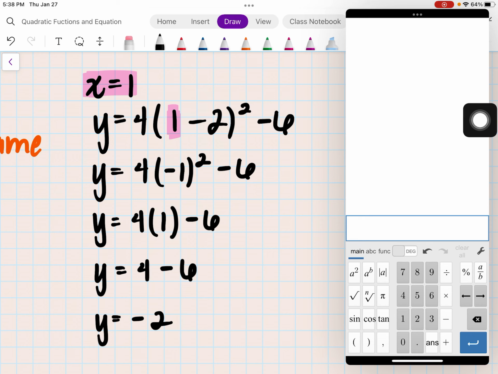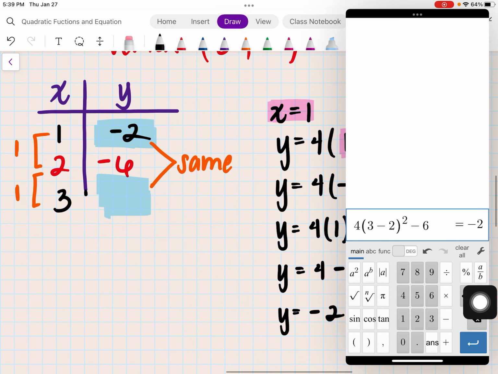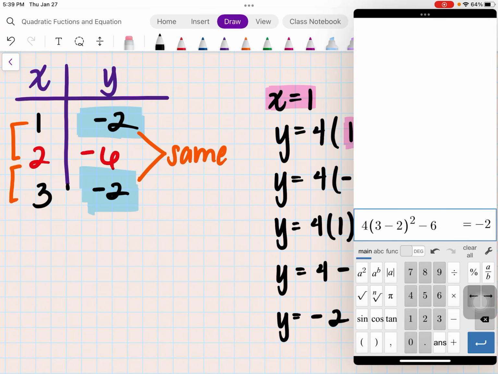But instead of writing a 1, I'm going to go ahead and write a 3. So it's 4 parentheses 3 minus a 2, close parentheses squared, minus 6. And in this case, guys, our result here is -2, which is exactly the same result we had here. So in this case, like I said, guys, it's the same solution.